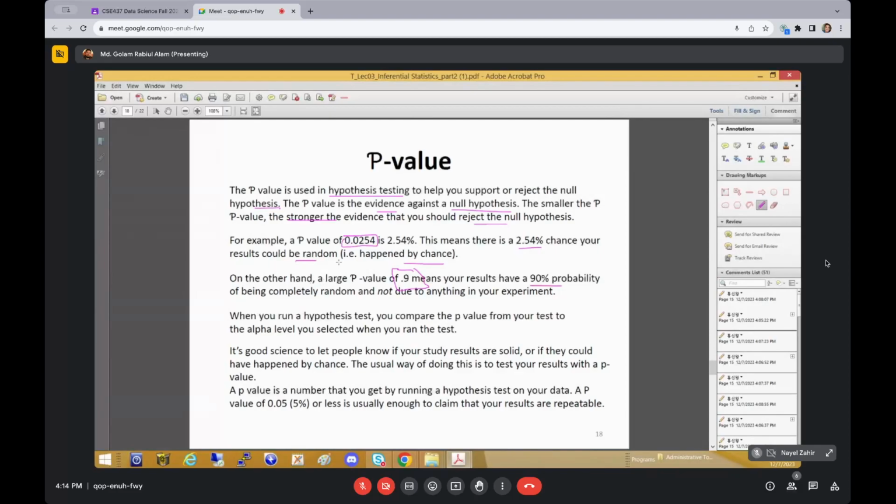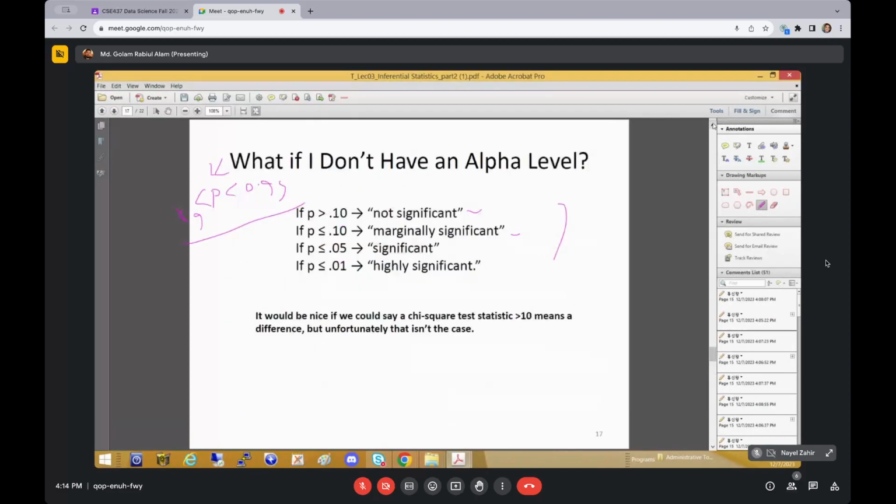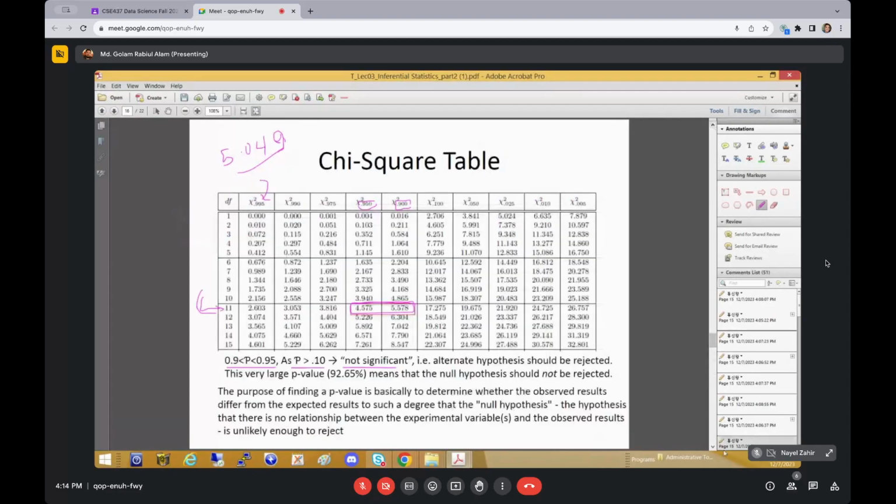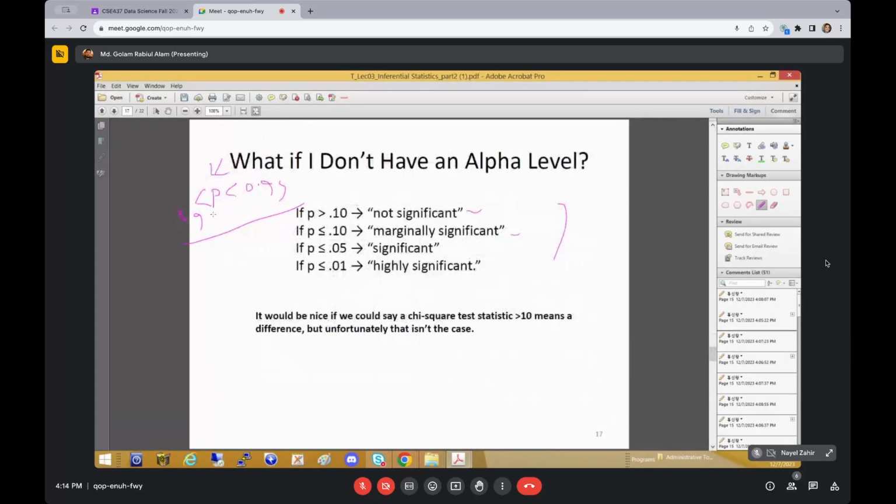So in our test we found that the p-value is within the range of 0.9 to 0.95. So there is more than a 90% possibility that the result is just random. So how can we accept that?